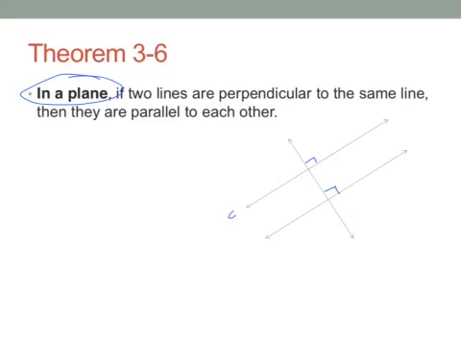So we have here line A, line B, and our transversal T. If A is perpendicular to T and B is perpendicular to T, then A is parallel to B, and that's what this says.